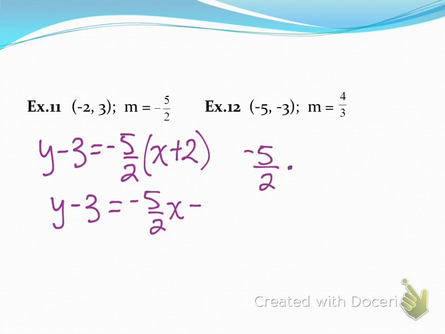We can put the 2 over a 1. What's going to cross cancel here? The 2, so we're left with a negative 5. Oh, that's not it. We're not done yet. Last step is to get y all by itself. Kion, how would I do that? Y by itself. Yep.